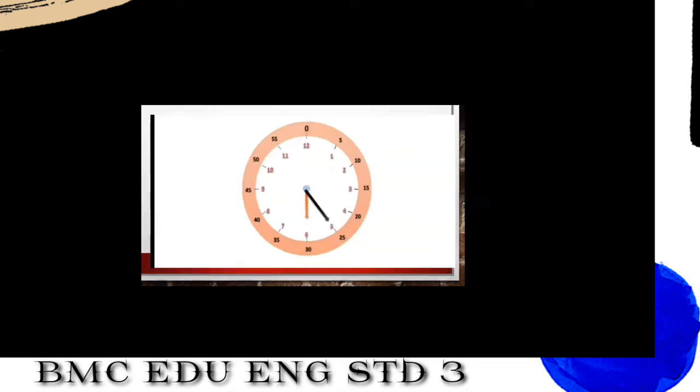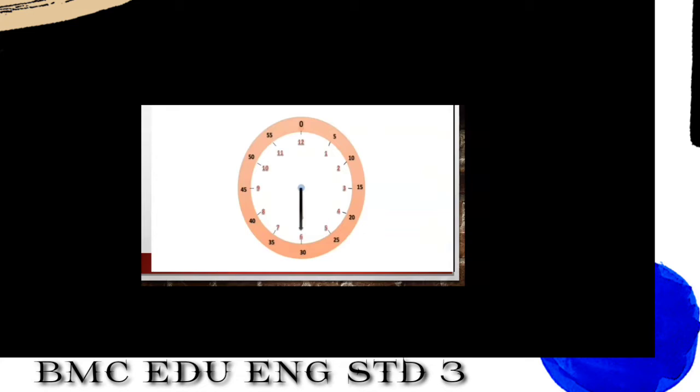25 minutes past 6. See, the minute hand is moving in a clockwise direction. The long hand is moving in a clockwise direction. After 5, now both the hands are on the 6. So 30 minutes past 6.